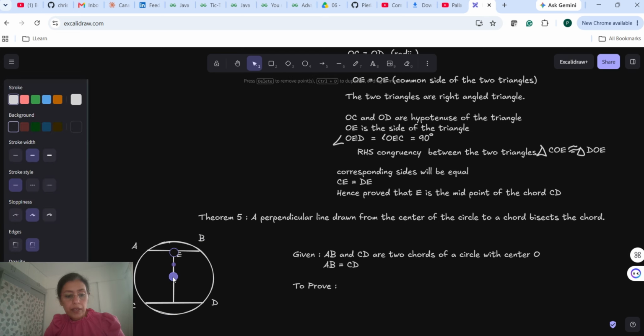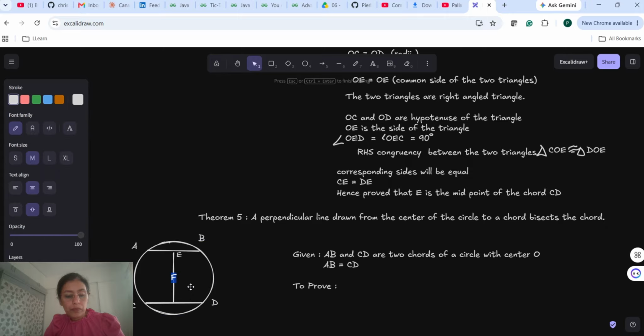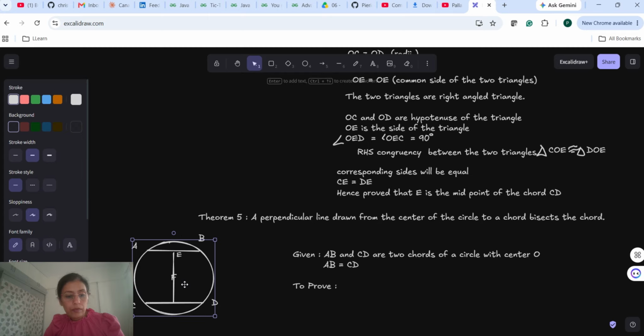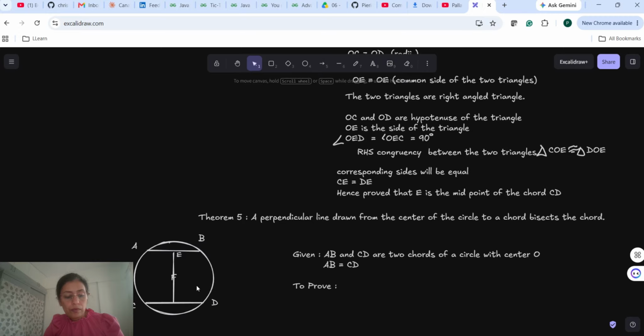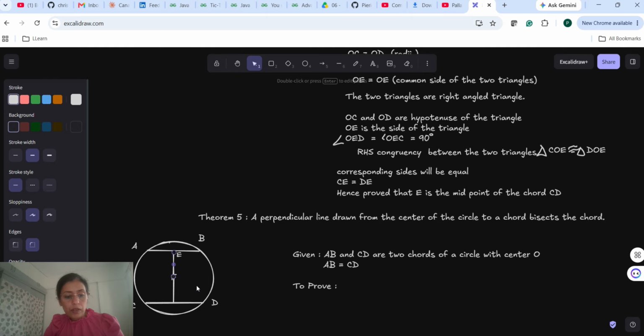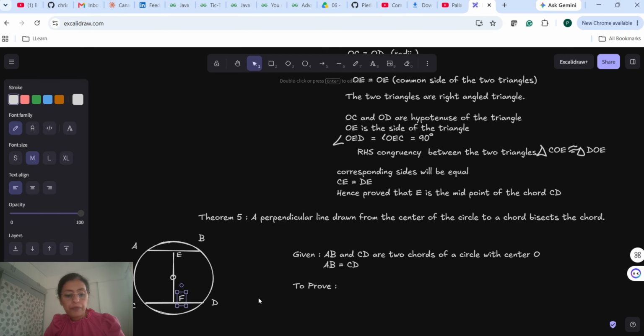Why is my F not moving? This is O, and I'll write here F, and I'll just move it here. This is a better way.